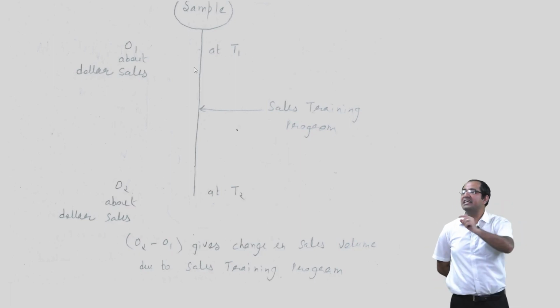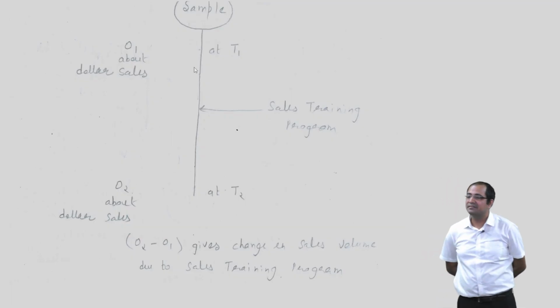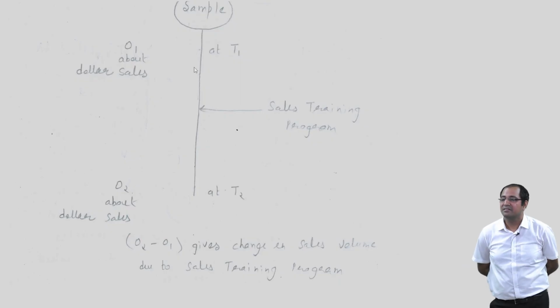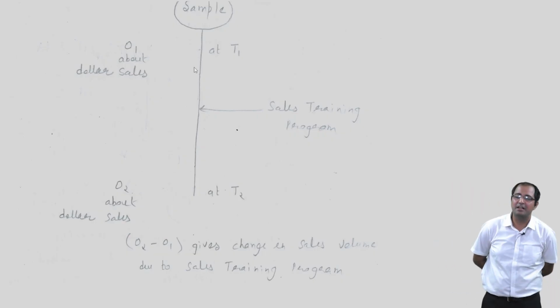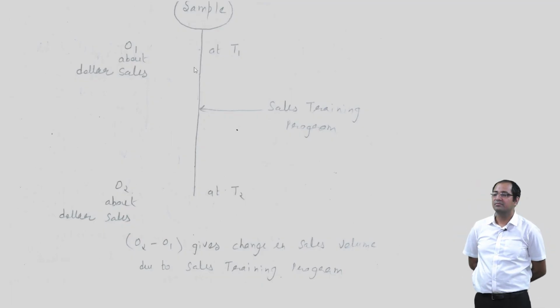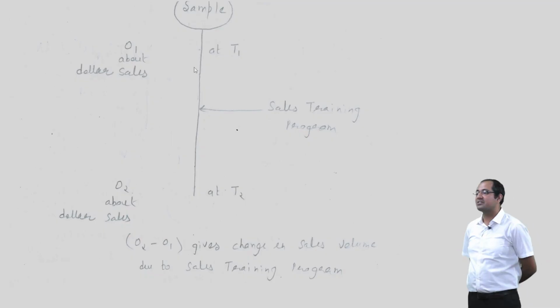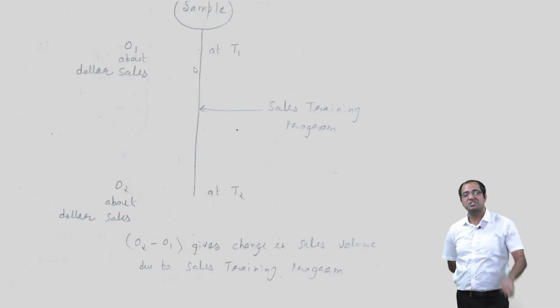Let's say we would not have selected them randomly. The manager would have chosen the ones that he knows very well. Then where would the problem have been? That is called selection bias, which is what he was saying.